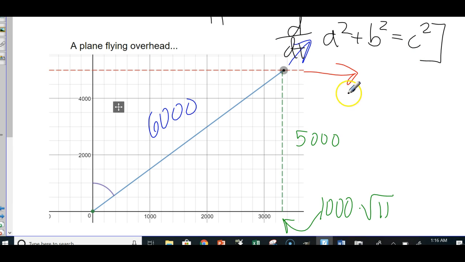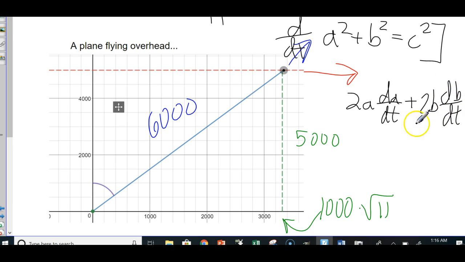So what you would get is 2a dA/dt plus 2b dB/dt is equal to 2c dC/dt. Alright, and then there's all these 2's everywhere that I can cancel away on all sides and get this.